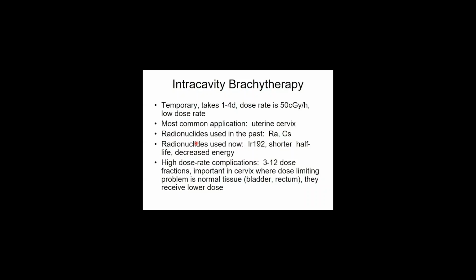Because the high dose rate complications from an external beam exposure of 3 to 12 dose fractions will affect the rectum and the bladder, which is going to affect lifestyle. So by giving a lower dose rate, what are we doing? We're preserving the normal tissues around it, but still getting the dose to the tumor.